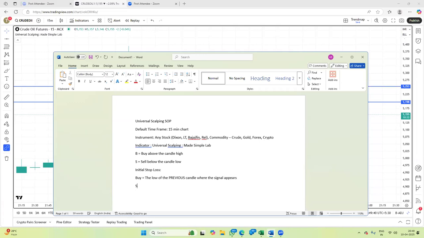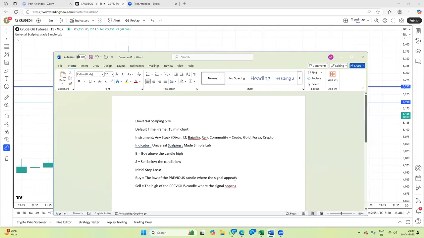Okay. Similarly, for sell, where will be the initial stop loss? The high of the previous candle where the signal appears.